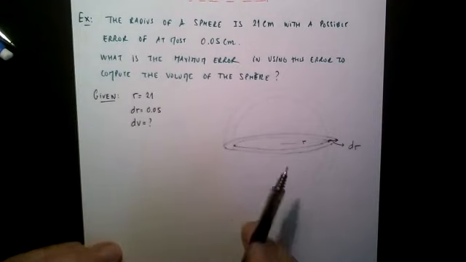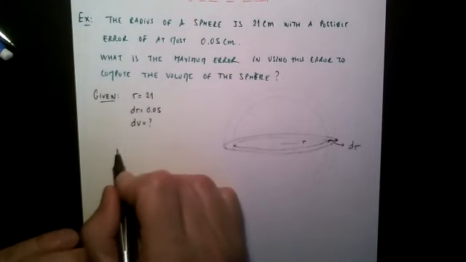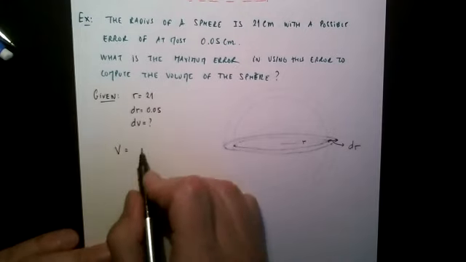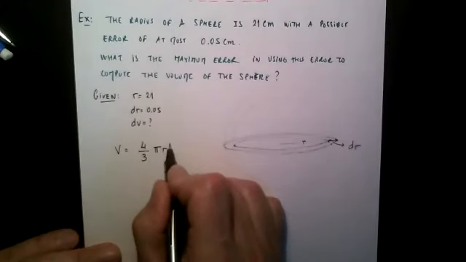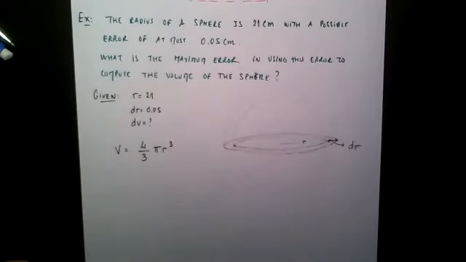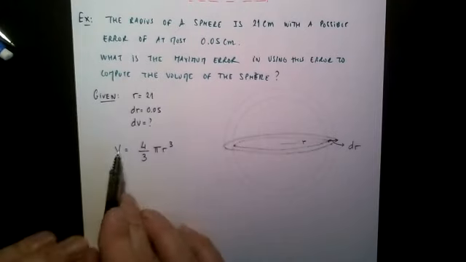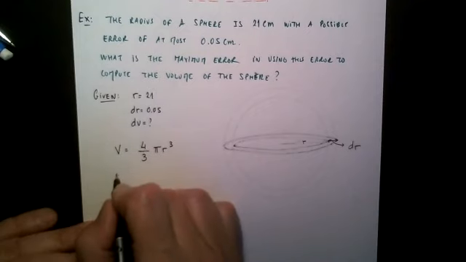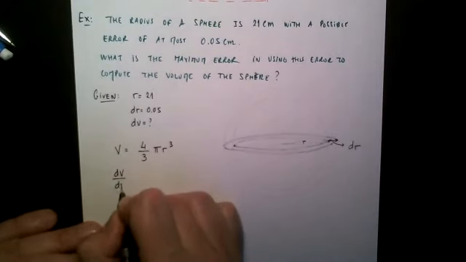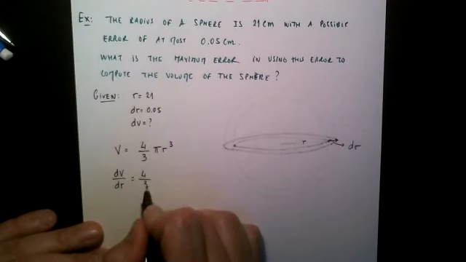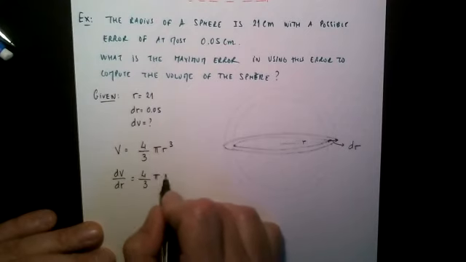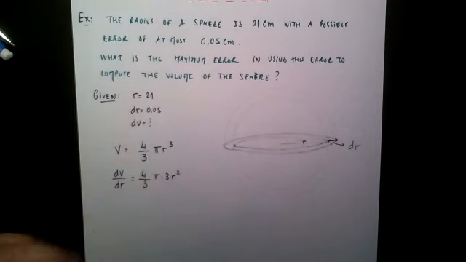All right, so let's find what is V, what is the volume of a sphere, 4/3 pi r cubed. And so dV/dr, the derivative of V with respect to r, is equal to, so I want to derive this, 4/3 pi 3r squared.